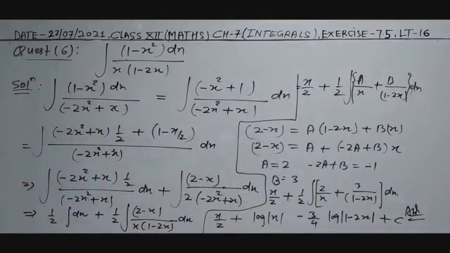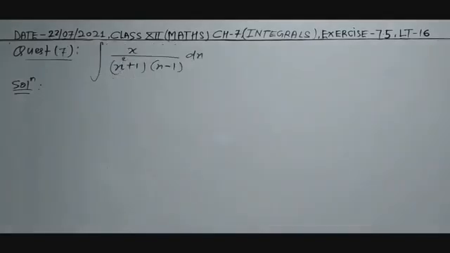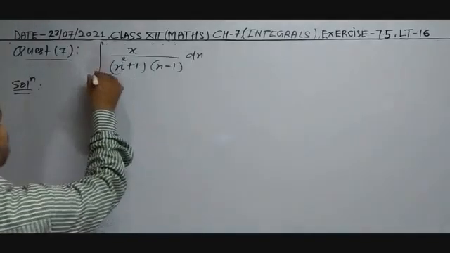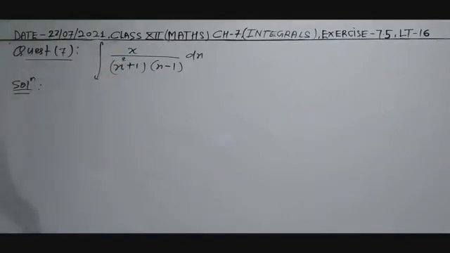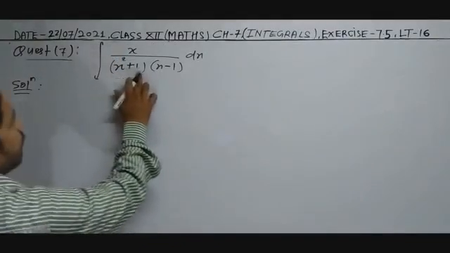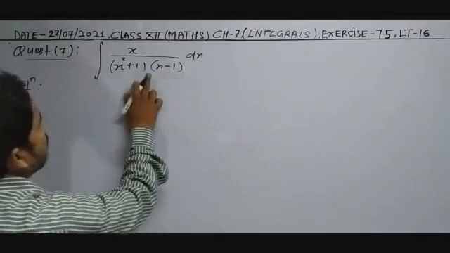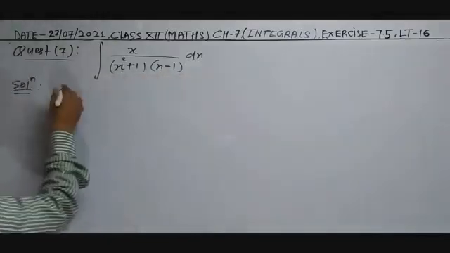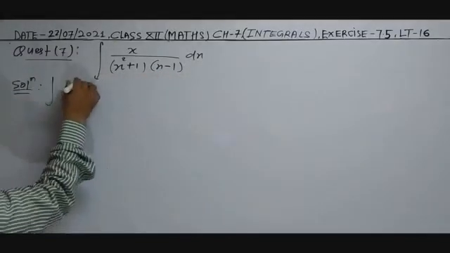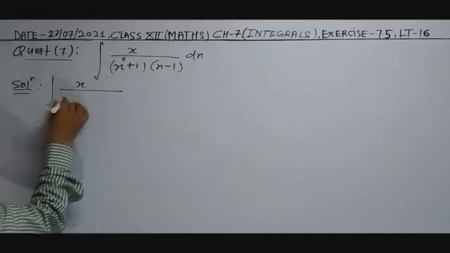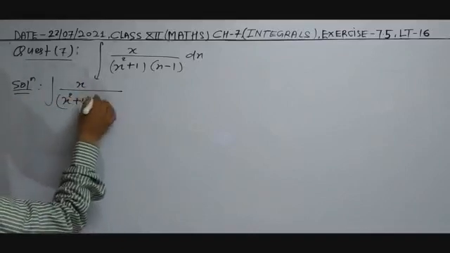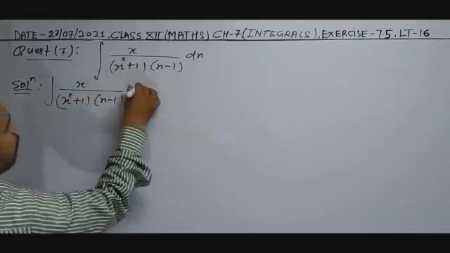Now come to question number 7. Question number 7 is integration of x upon (x square plus 1) in one bracket, and in the other bracket (x minus 1). So this is quadratic and this is linear. So first of all write this integral part, which function I have to integrate: x upon (x square plus 1) times (x minus 1) dx.